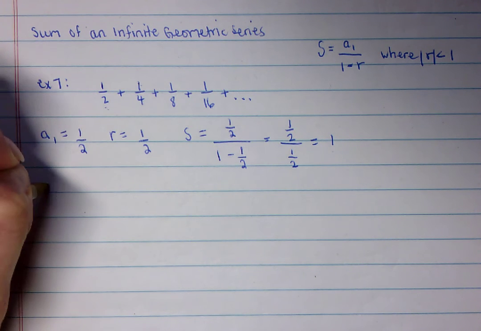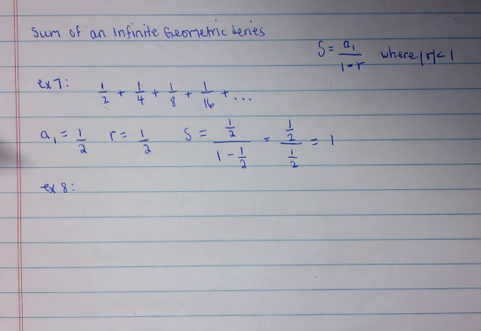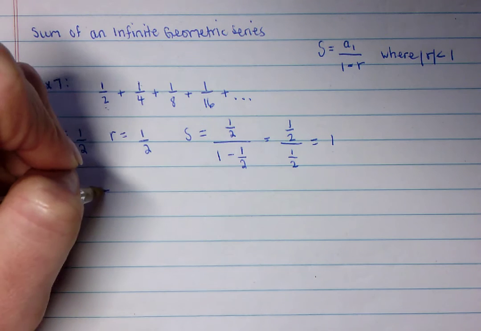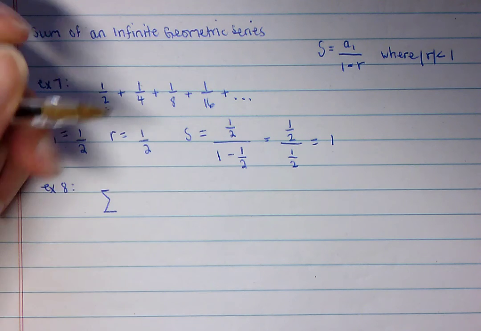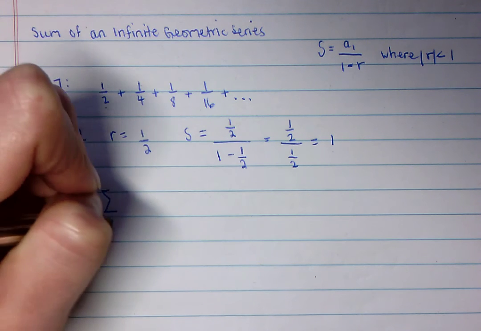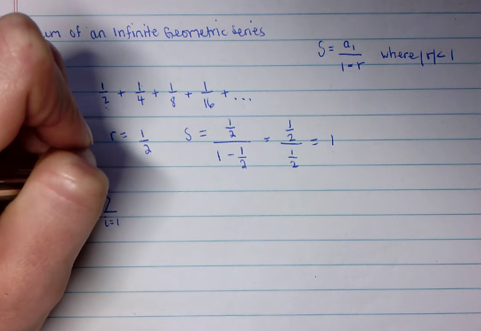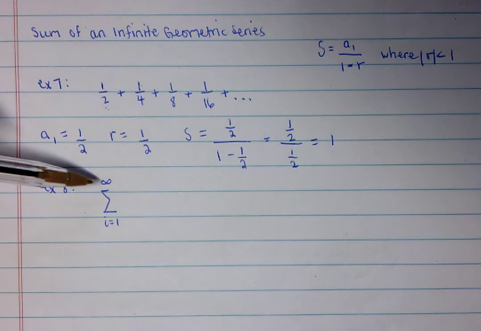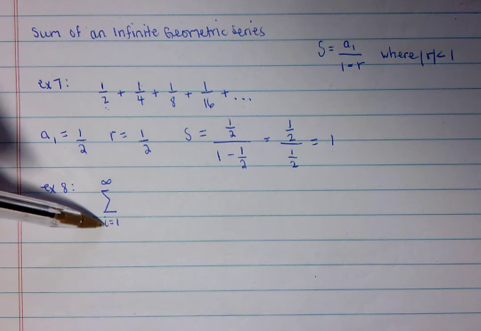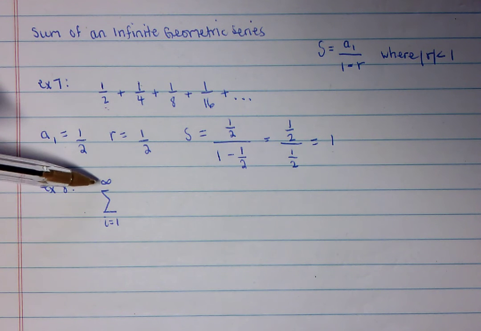The next example they give us is the sum of an infinite geometric series written with sigma notation. So you have i equal to 1, and this shows what I said before, that the index of summation goes on to infinity.